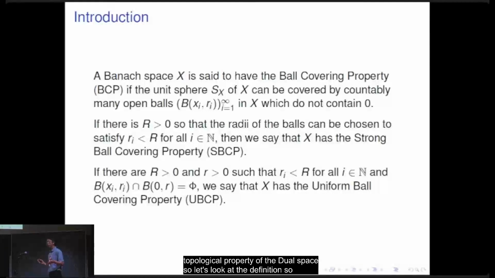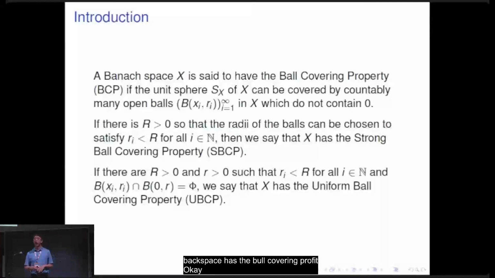Take an infinite dimensional Banach space X, and look at the unit sphere of the space. If you can cover the unit sphere by countably many balls, of course not containing the origin, then we say the Banach space has the ball covering property.